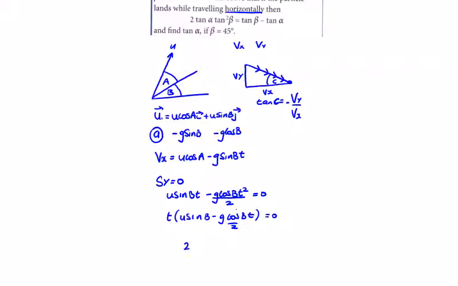So we'll get 2u sine alpha over g cos beta, that's equal to t. I had to put an alpha in here instead of a beta, just changing that. If you can't identify your mistakes, you're in trouble.